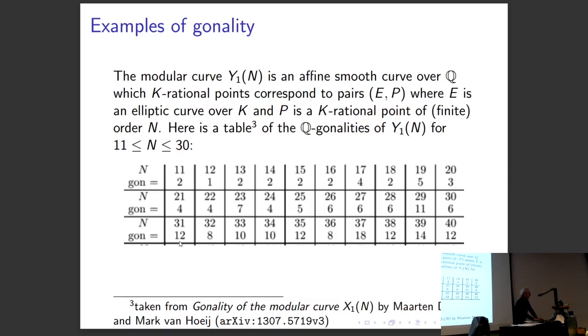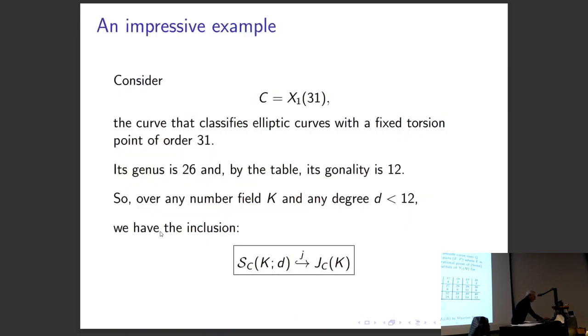If you have Y_1(N) or X_1(N) and you map it to the projective line, you know that that map has degree greater than or equal to 12. And I say it's an impressive example. It's a curve that classifies elliptic curves with a fixed torsion point of order 31.